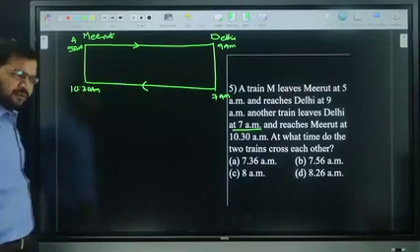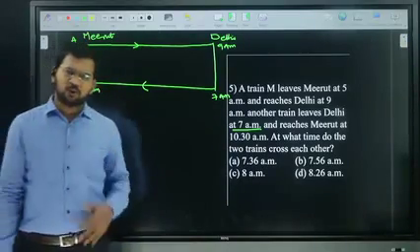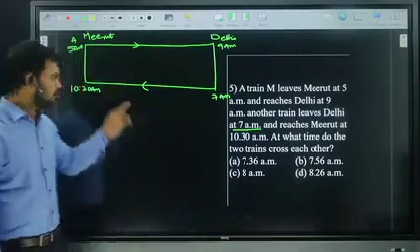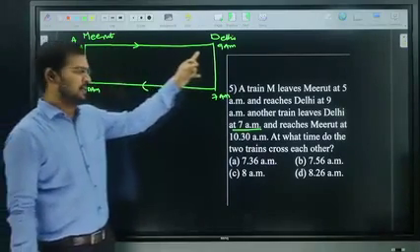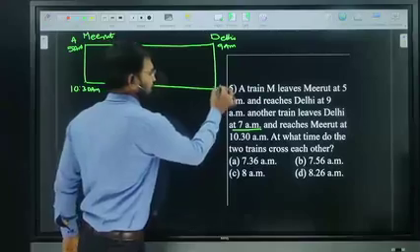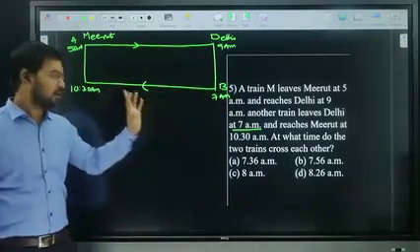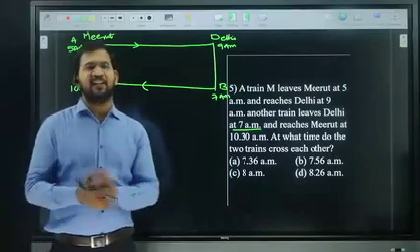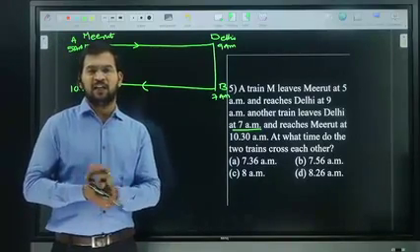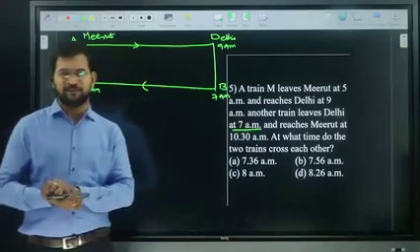Look at me, all of you. Just understand the question first. Here, two trains are there. First train A starts at Meerut at 5 a.m. and reaches Delhi at 9 a.m. Second train B leaves Delhi at 7 o'clock and meets Meerut at 10:30 a.m. First of all, I don't know the distance between Meerut and Delhi.